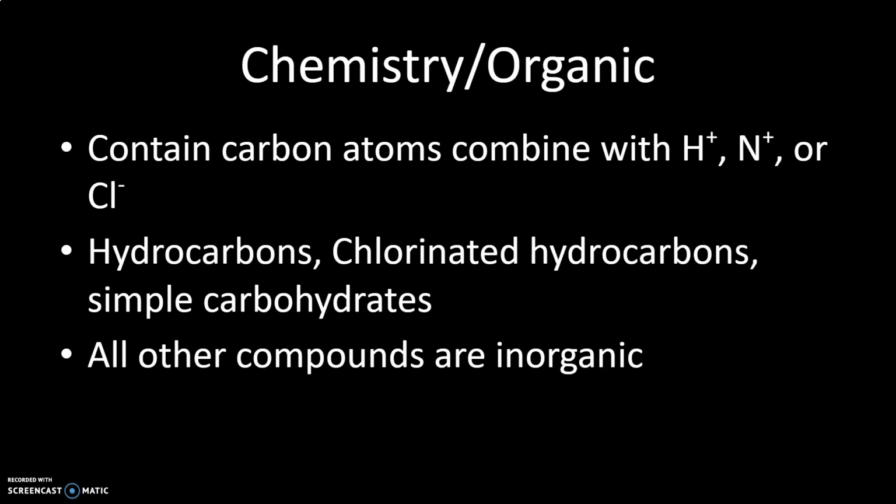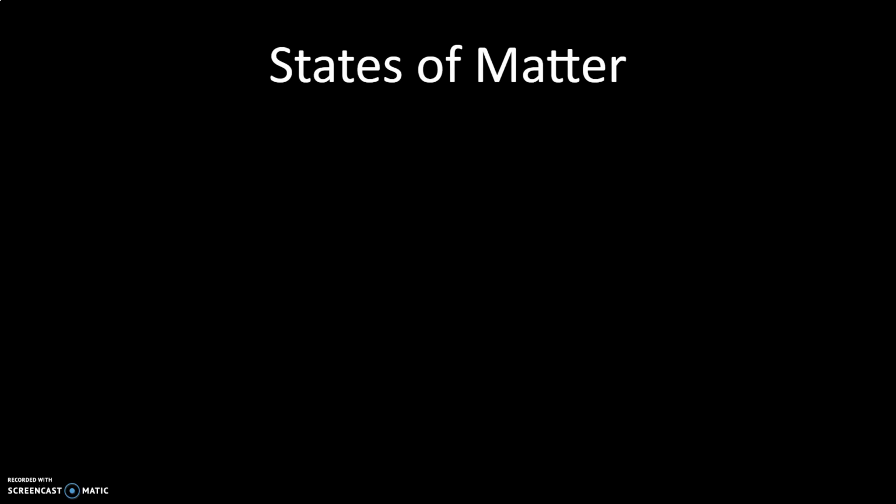And these are some names on there of some types of carbon compounds, so hydrocarbons, chlorinated, and such. It says all other compounds, if you're not considered organic, you are considered inorganic. So these are two classes that you can take in college once you get there.